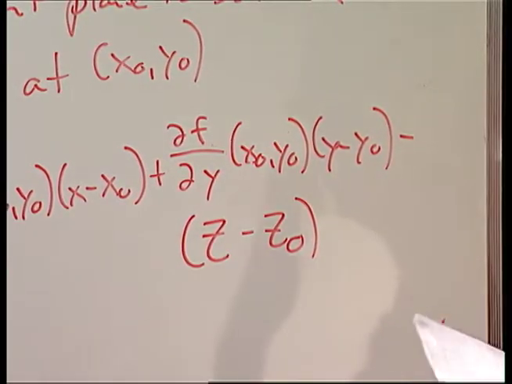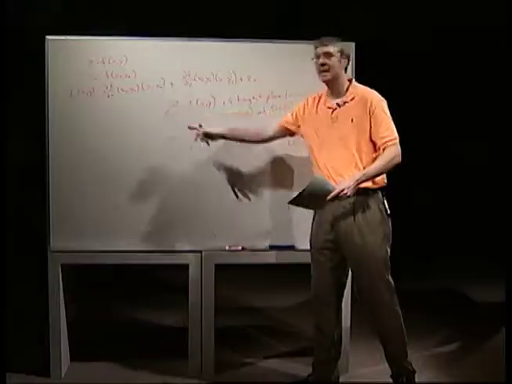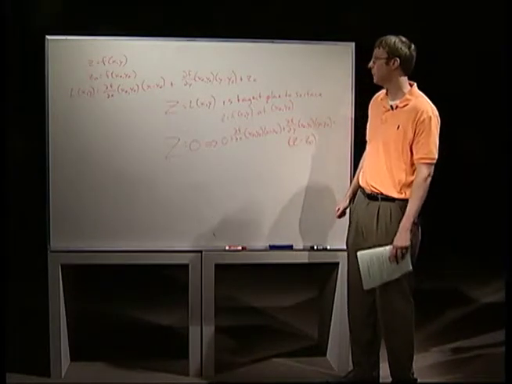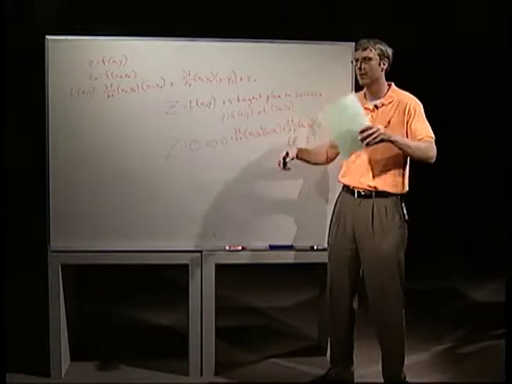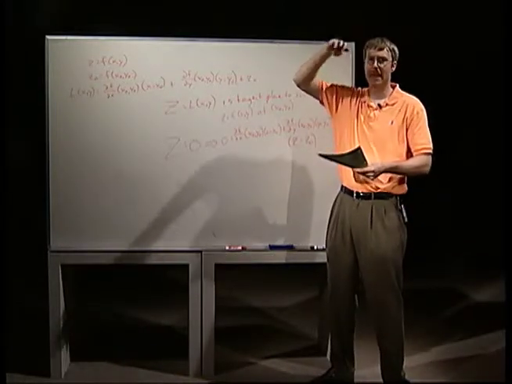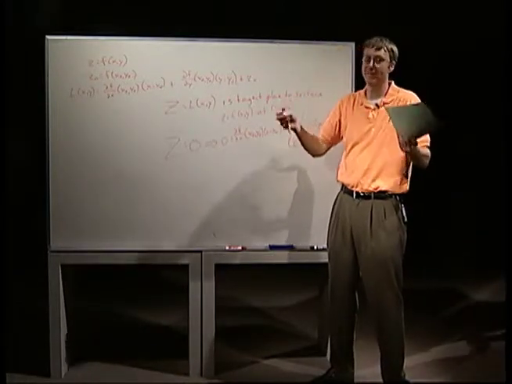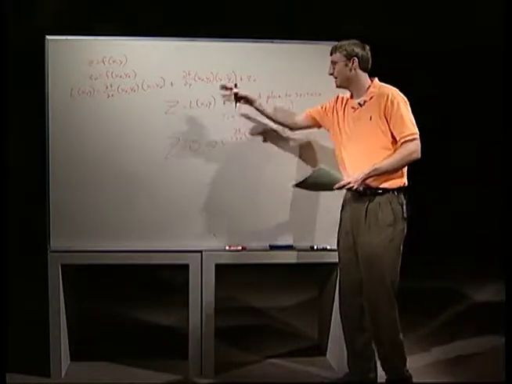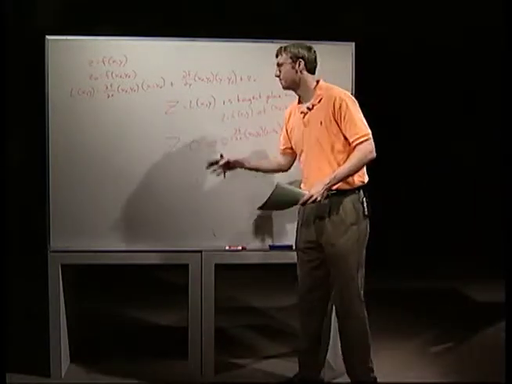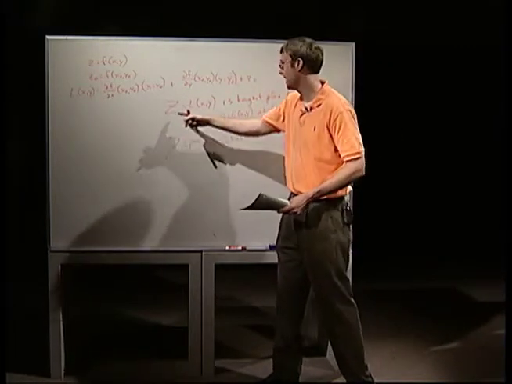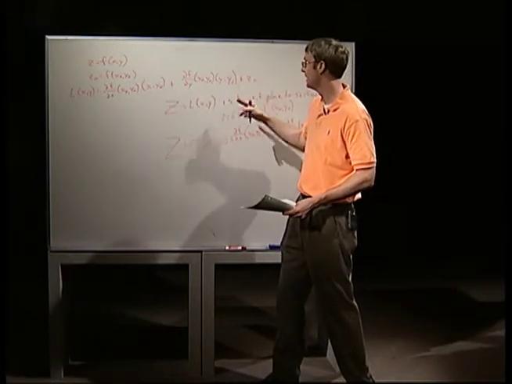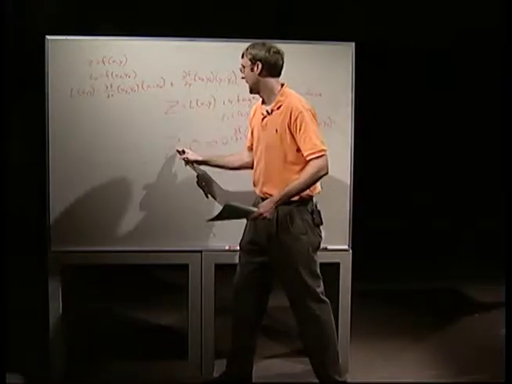And these are exactly the same: big Z is equal to little z exactly at this point. It's a tangent plane. So the one place that the plane and the surface come together, or at least the one place, is at z naught.